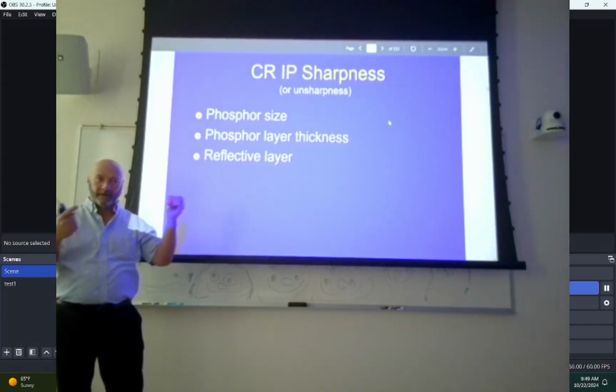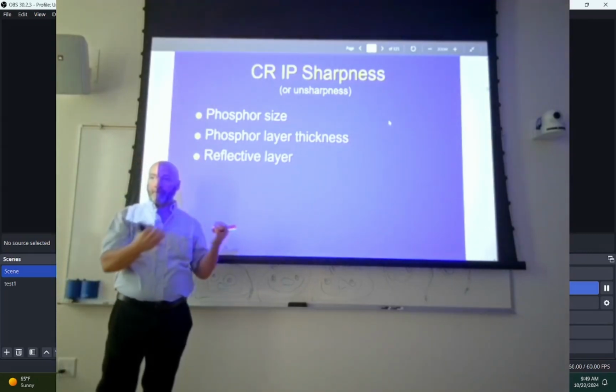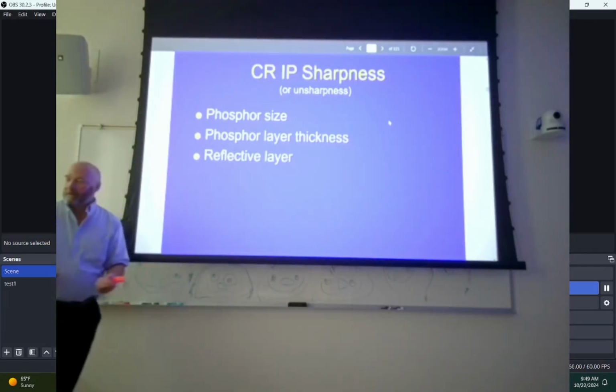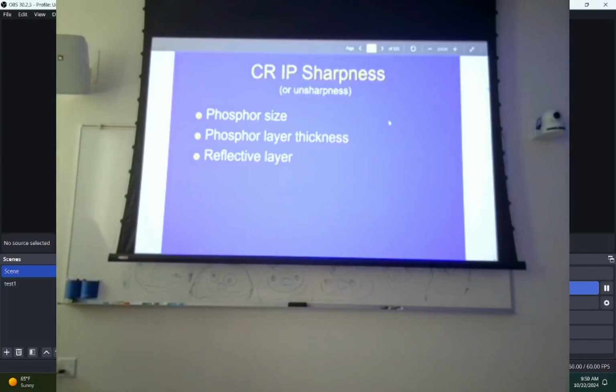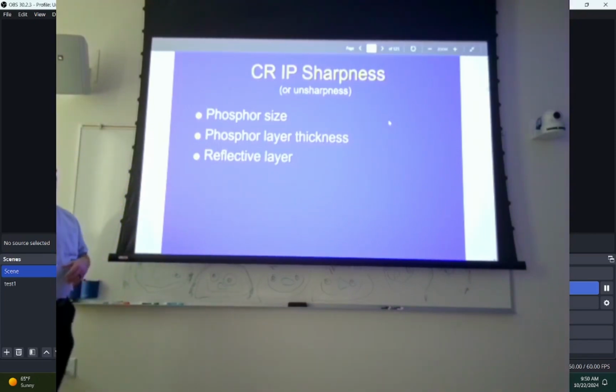If they were square, it'd be kind of pixelated, as opposed to if they're smaller like this, it would be much more sharp. So your phosphors are not square like a pixel, but the same thing still applies. The larger the phosphor, the lower the resolution. The smaller the phosphor, the higher the resolution.